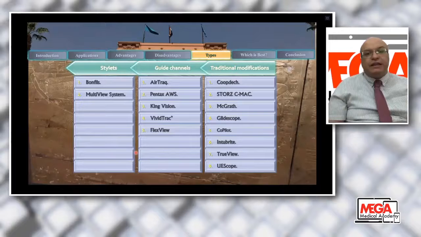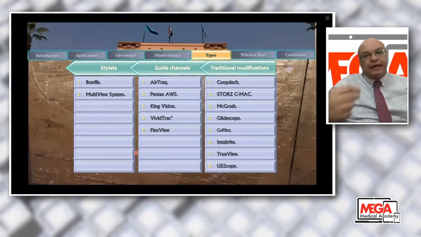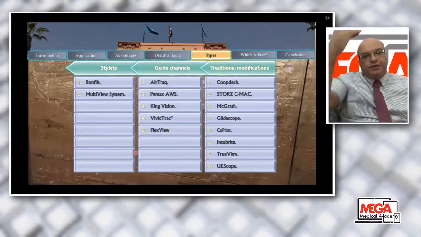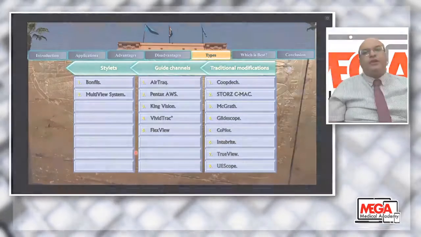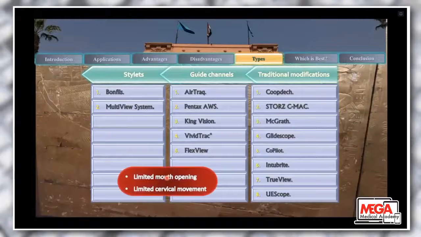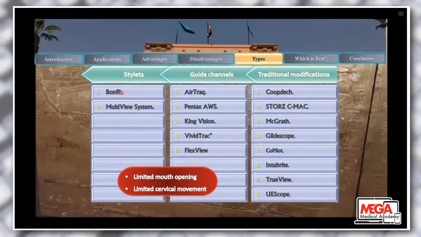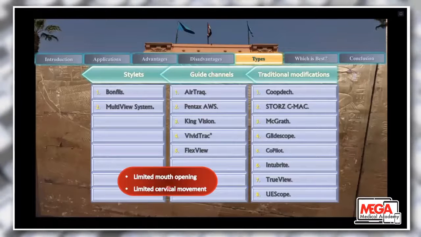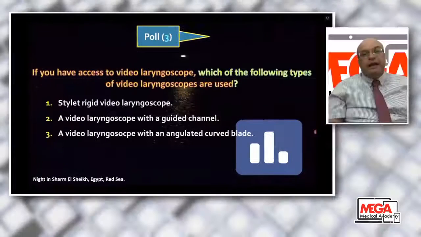And we have a guide channel, a video laryngoscope with a channel alongside its blade to introduce the tube through it. Or traditional modifications of our commonly used Macintosh blade, which is a curved blade. Usually, we reserve stylets and guide channels for patients with limited mouth opening or limited cervical movement.